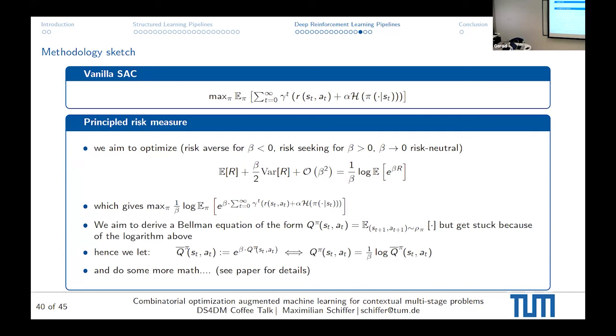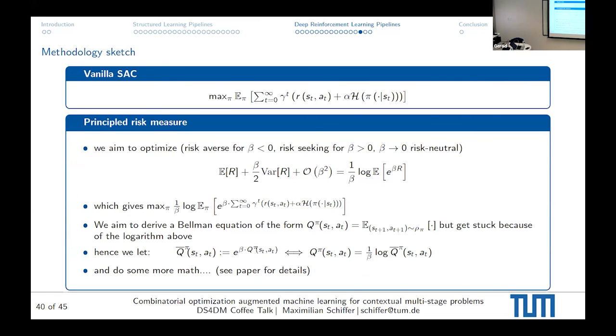And then the question, if you want to do deep reinforcement learning there, is can you derive a Bellman equation of this form where you still sample an expectation of the probabilities from your policy over the state action pairs to which you transition? And the mathematical answer is, unfortunately, you cannot do it because we're having a logarithm here, right? So building an unbiased sample over a logarithm is a difficult thing to do.